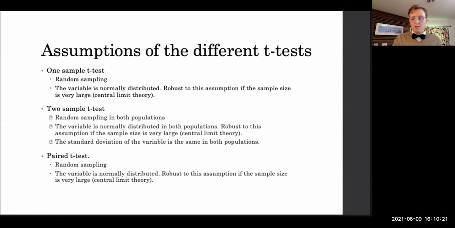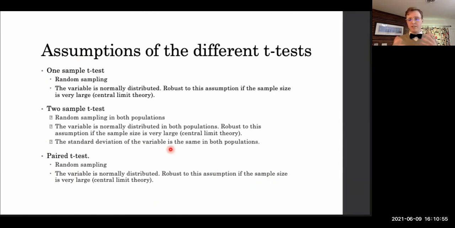They all assume that the sample we took was randomly sampled from the population, and they all assume that the variable is normally distributed in the population, though it is robust to this assumption if the sample size is very large. This is due again to the central limit theorem, where as long as the sample size is large, we can assume normality. The two-sample t-test has one extra assumption, which is that the standard deviation of the variable is the same in both populations.